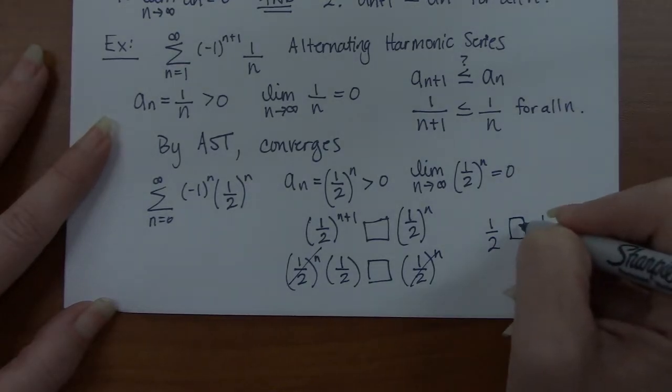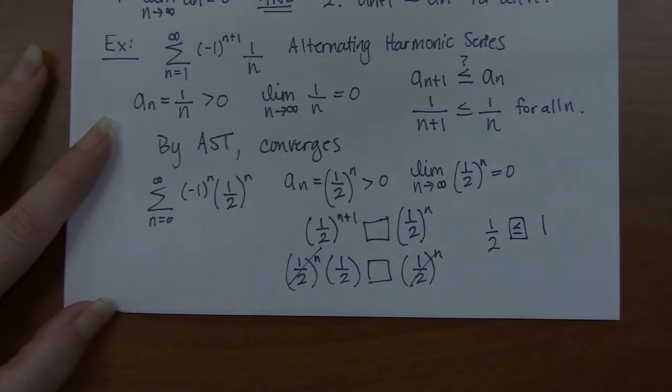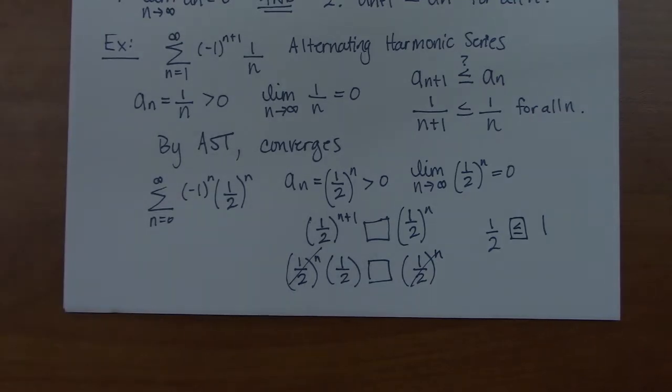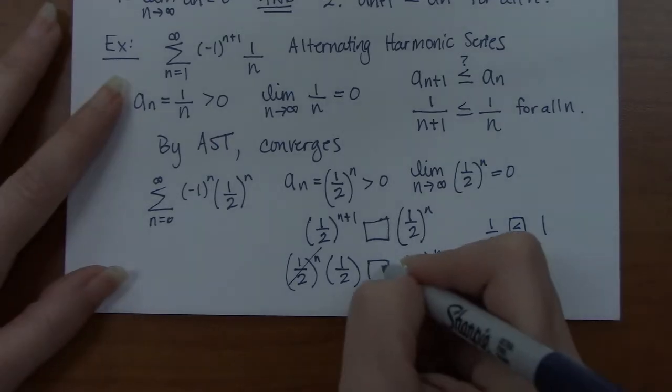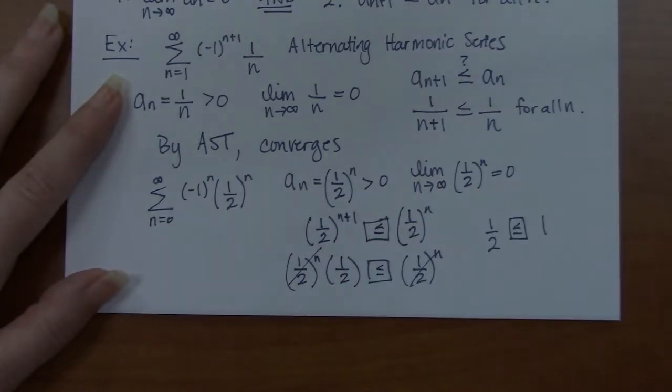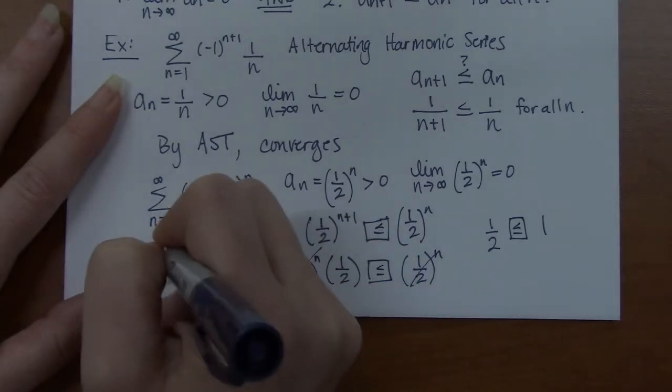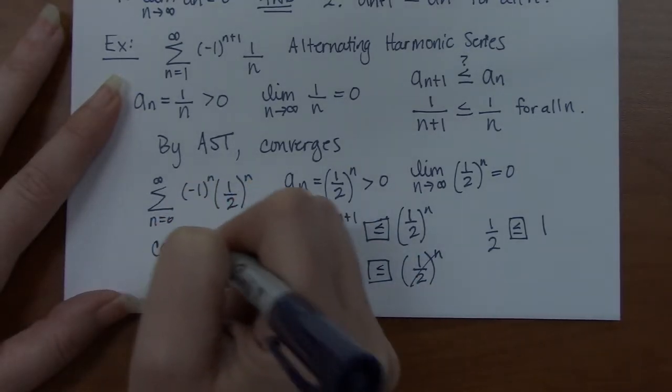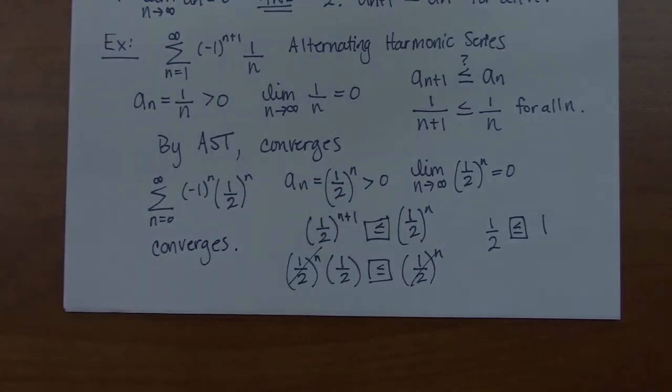Well, 1/2 is clearly less than or equal to 1. And since none of the math I did required multiplying or dividing by a negative number, the sign of the inequality never flipped, and you can backfill it all the way to the beginning. This condition was met, so the series converges. What tends to intimidate people about the alternating series test is you have to remember 3 things, but they're really easy things, once you get the hang of it.